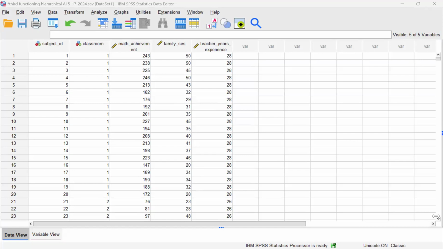It's 2.43, which is significant, which means that there is significant variation in the slopes of family SES as a predictor of math achievement across groups. That is a significant variance term. The groups don't all have the same slope.